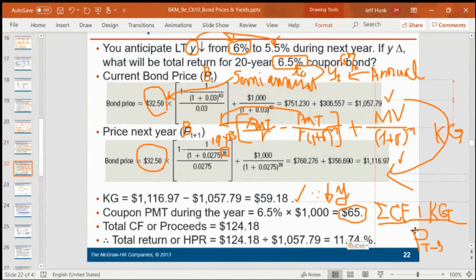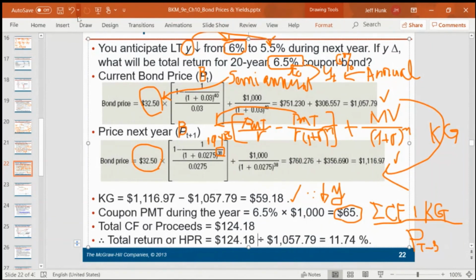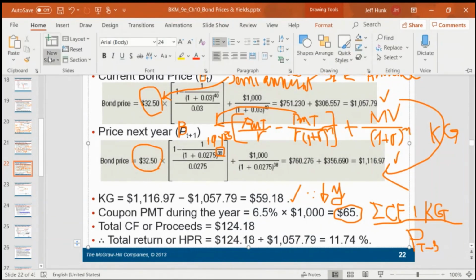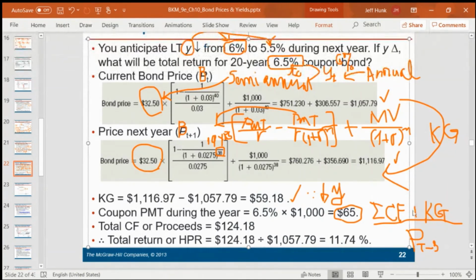So what you're seeing is, in this case, you have a cash flow of $65 and capital gains of 59 point something.